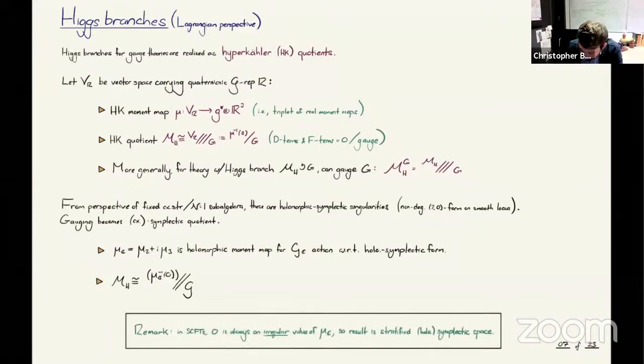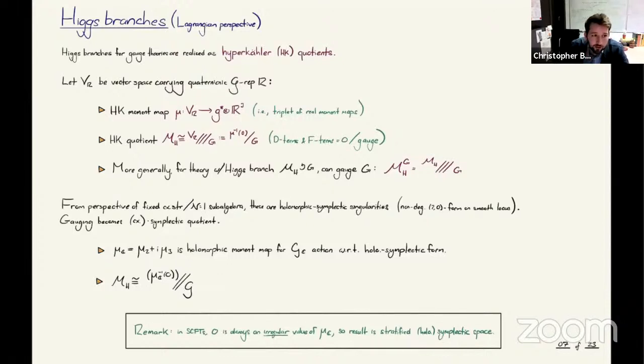And just as a remark, in superconformal field theories where I don't allow myself to turn on other parameters that break conformal invariance, the 0 where I'm looking at the zeros of the moment maps is always an irregular value of the moment map.